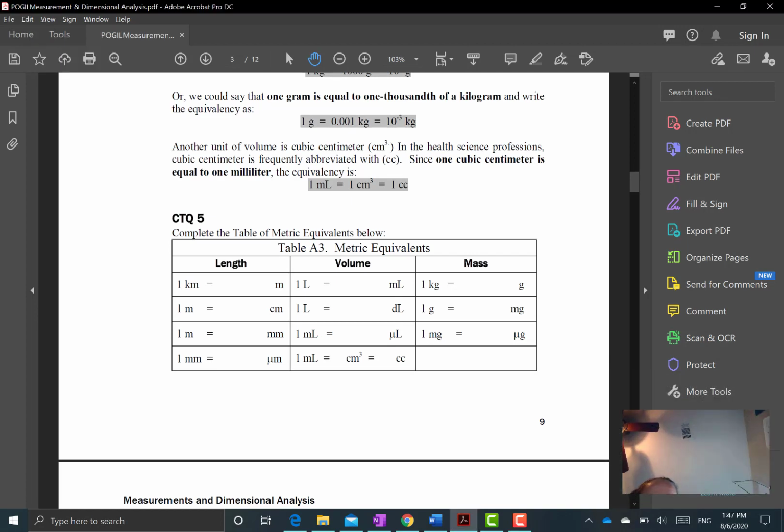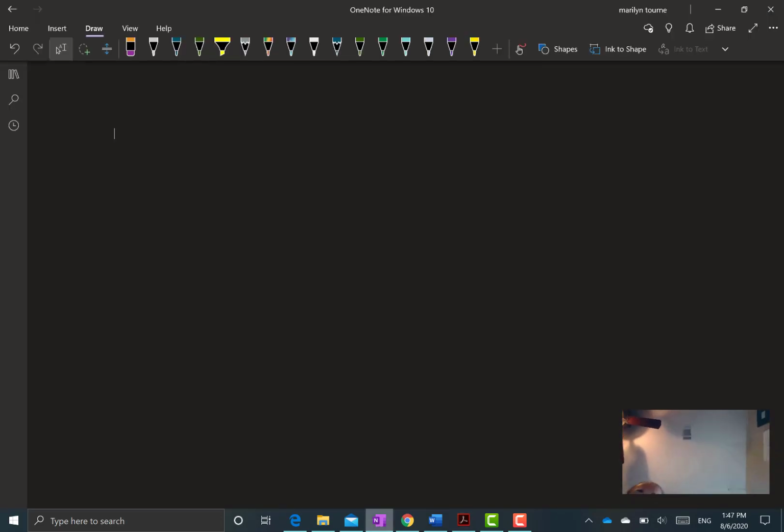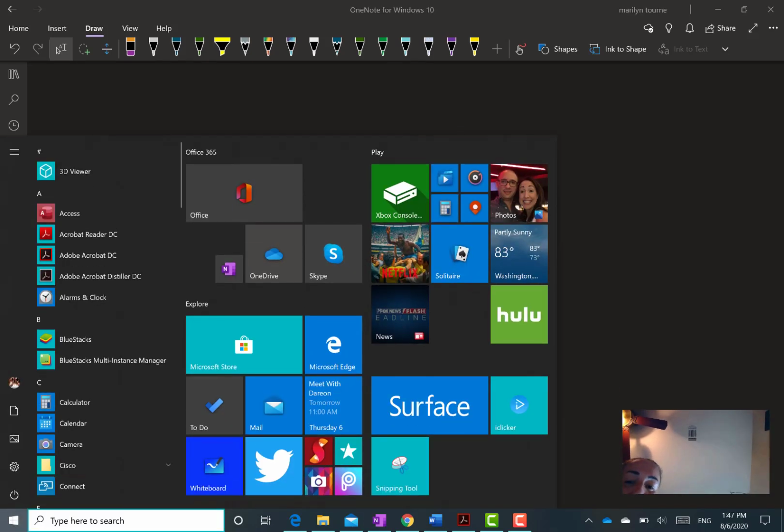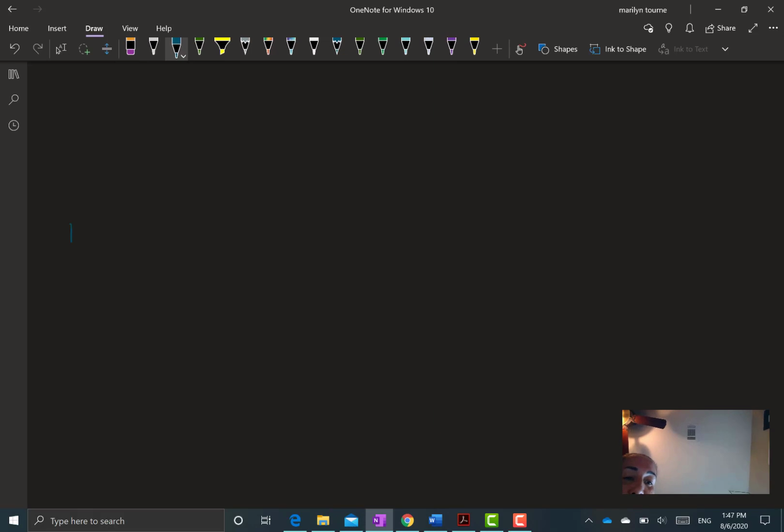So let's go here, and here we are. For example, that thing that we just saw on the screen said 1 kilometer is equal to how many meters? And like I said, when I do this with my students, I tell them, think of a number line, right? So you have a number line here. Here's your 0. If you do 1, 2, 3, this would be 10 to the 1, 10 to the 2, and 10 to the 3.